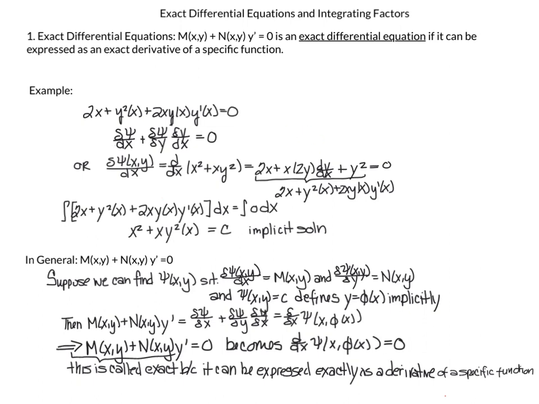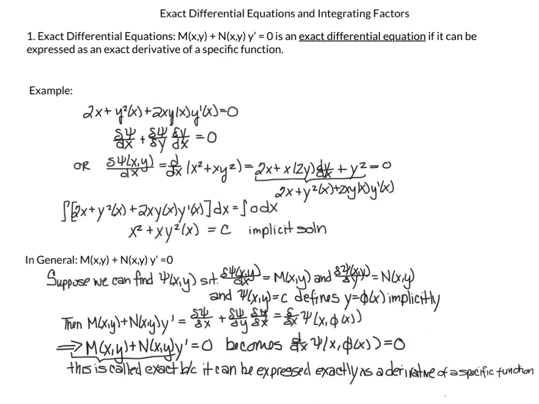But the idea is if we're looking at the equation M(x,y) plus N(x,y) times y prime equals 0, we're going to start by supposing we can find a psi of x,y such that the partial of psi with respect to x is equal to M(x,y), and the partial of psi with respect to y is equal to N(x,y). So I haven't shown you that this is definitely possible, and I haven't told you how we would do this, but for now I'm just going to say, let's assume that we can find this psi.